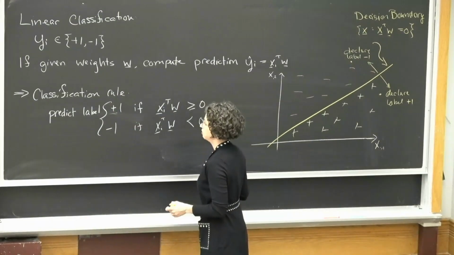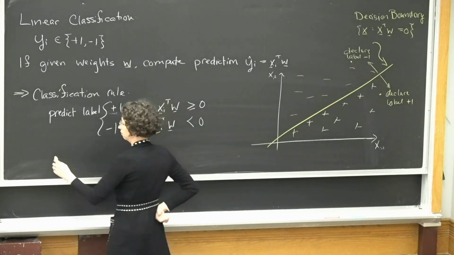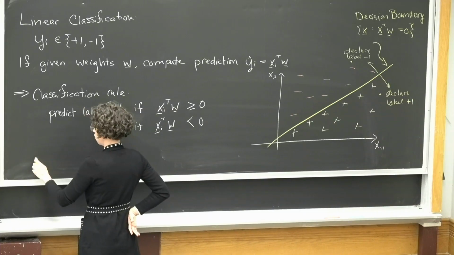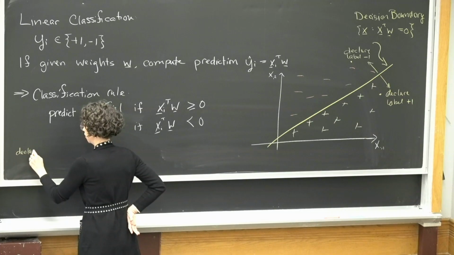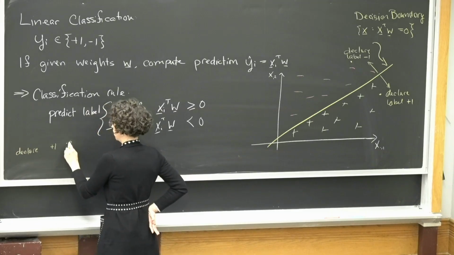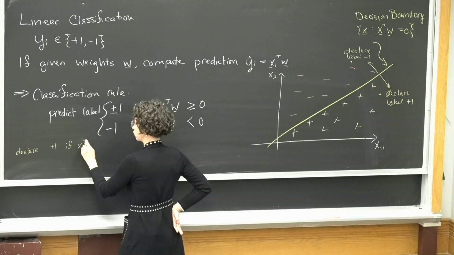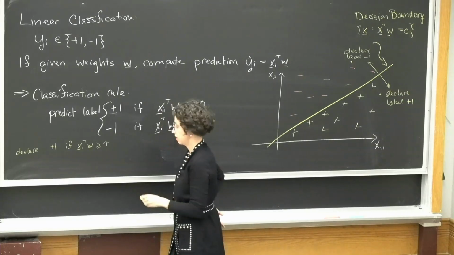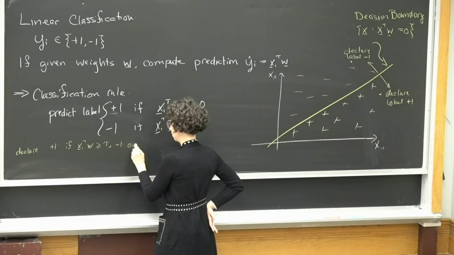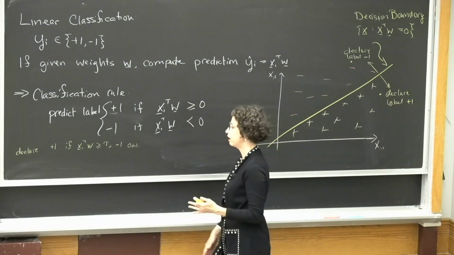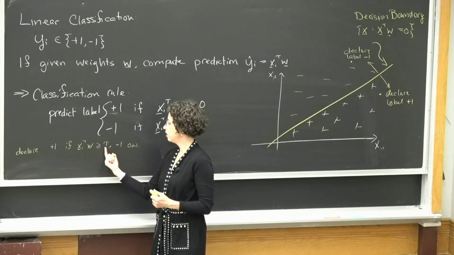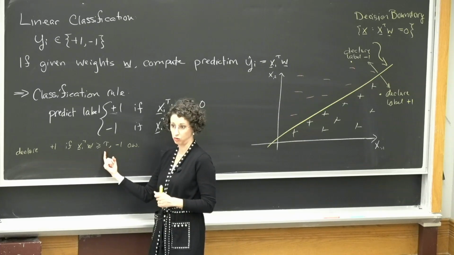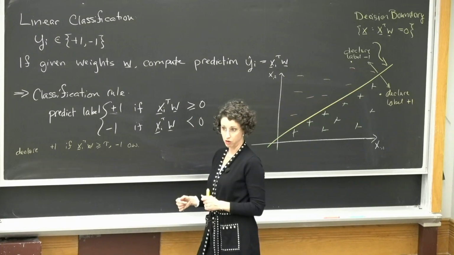And so what you might like to do is to have a classification rule that says we are going to declare +1 if xi transpose w is greater than some threshold tau and -1 otherwise. Okay, so maybe you say, hey, I want to look at the weighted sum of my features, and then I want to declare it to be positive if it's above or below some threshold, and I want to be able to choose that threshold. I don't necessarily want it to be 0, right?